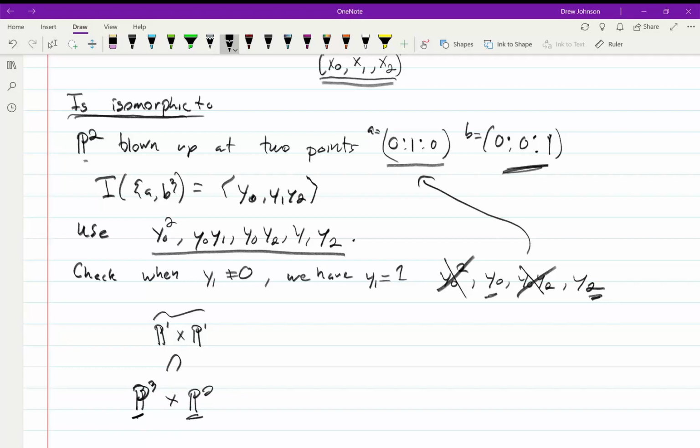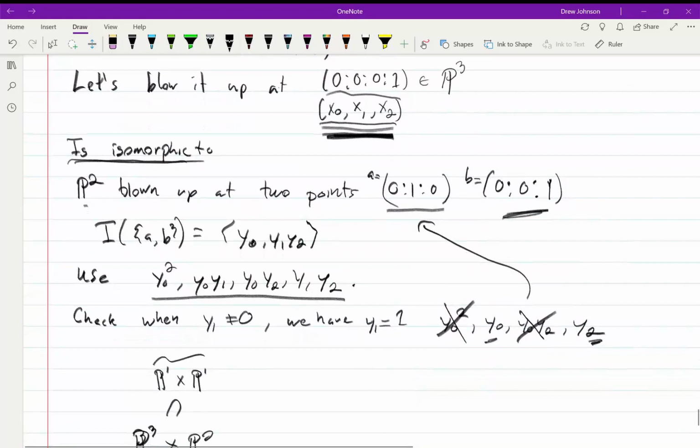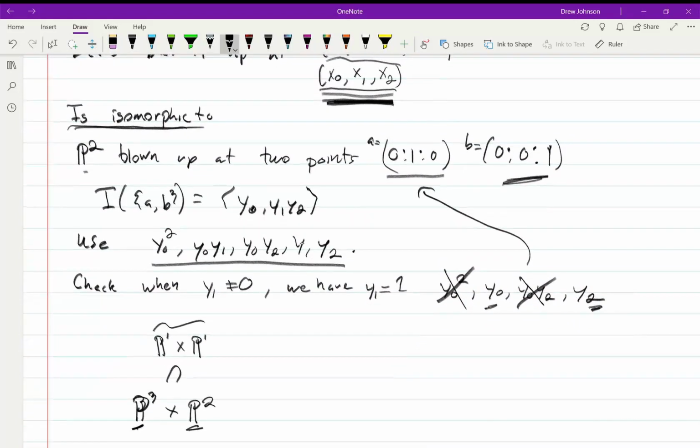And this P2 here is the P2 corresponding to these three functions that you're blowing up at, right? Okay, and then over here we'll have a P2 blow up, and that'll be contained in P2 cross P3, where this P2 is just the same original P2, and this P3 here is corresponding to the four functions that we're blowing up at.